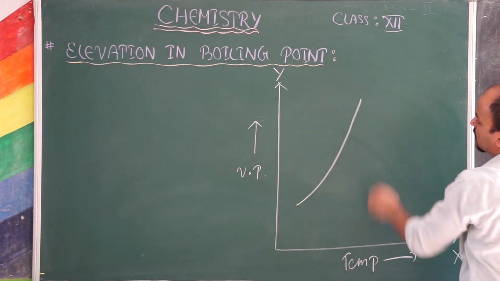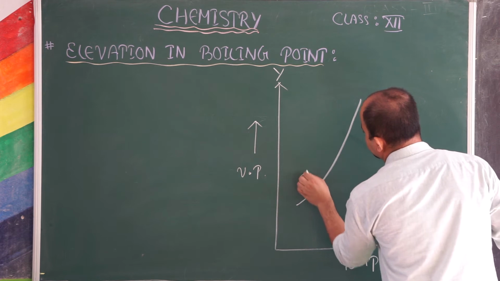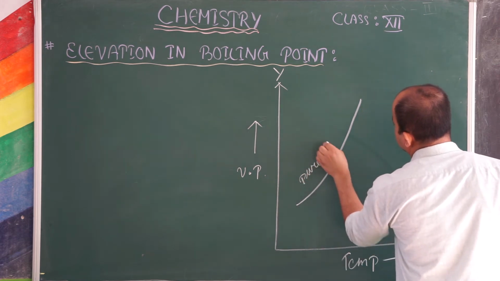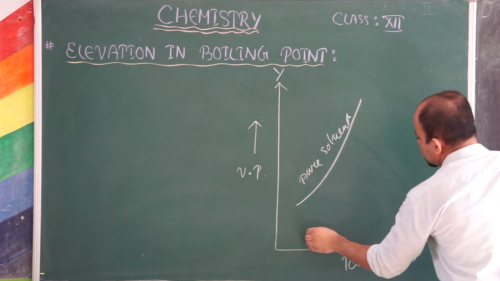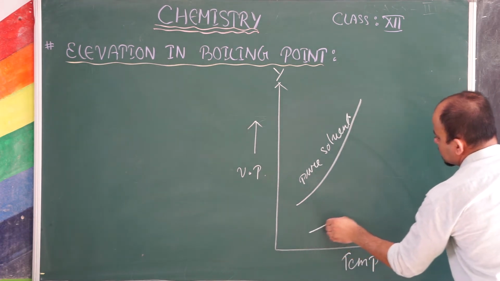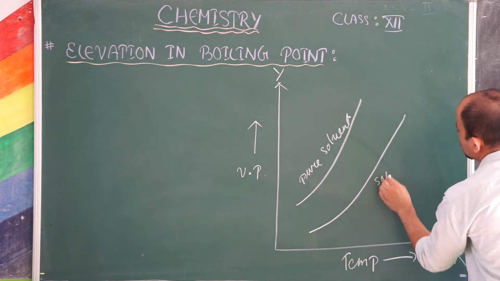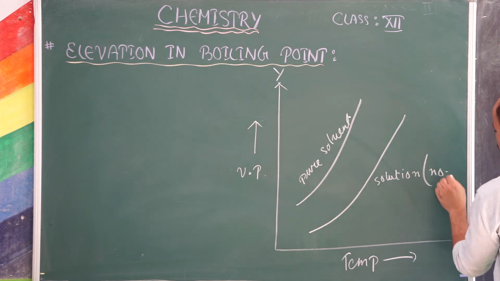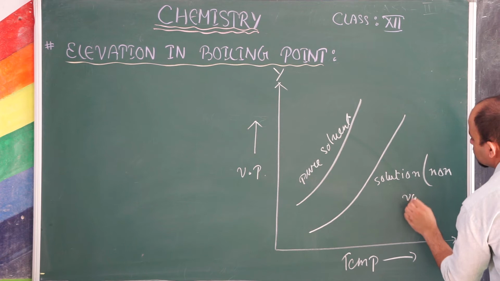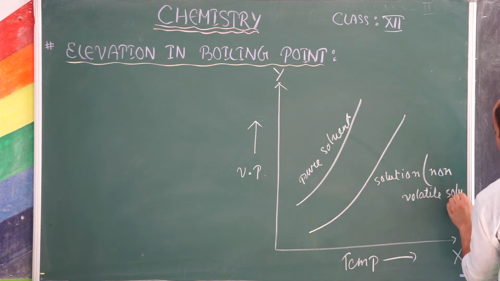Suppose this is the vapor pressure curve for the pure solvent, and the second curve is the vapor pressure curve for the solution which contains non-volatile solute particles.